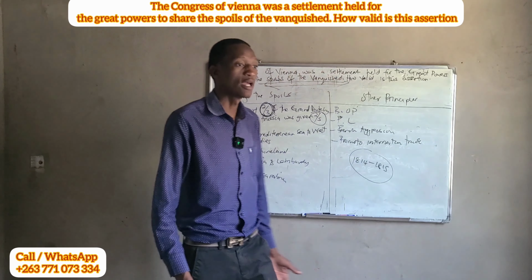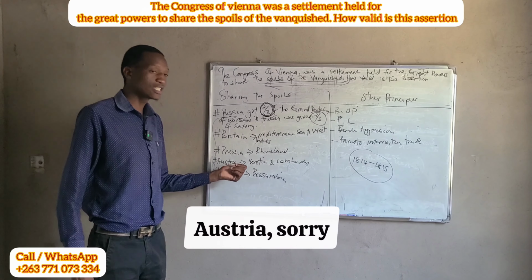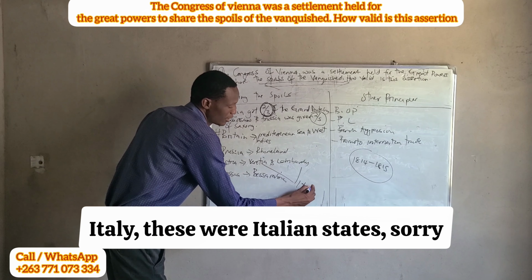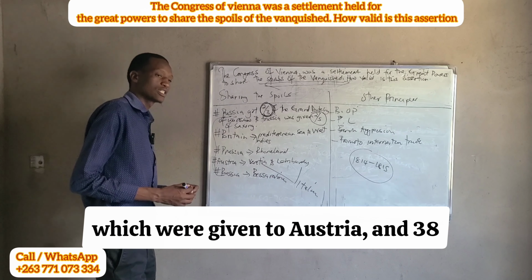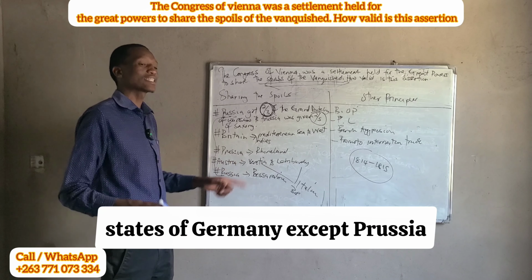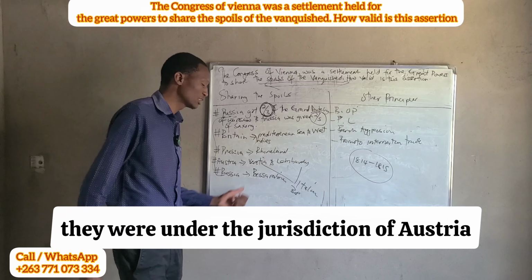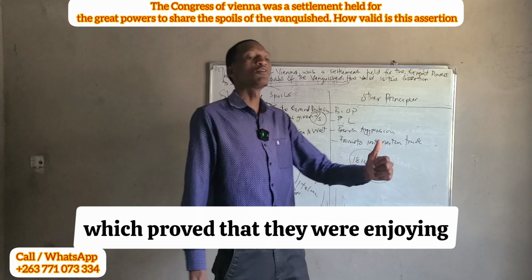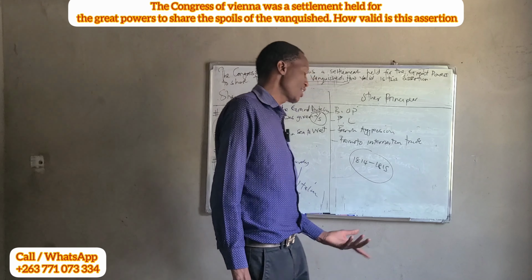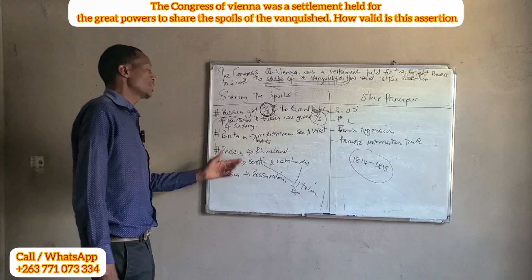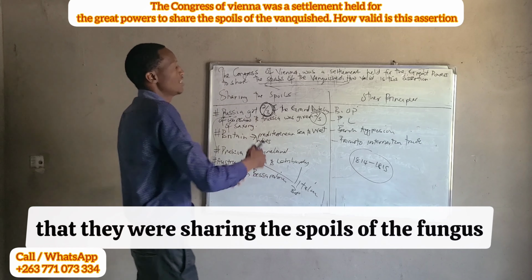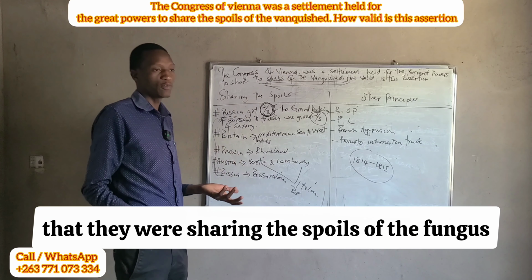Except Prussia, the 38 states of Germany were under the jurisdiction of Austria, which proved that they were enjoying, are we together, the spoils. Furthermore, Russia, so this is enough evidence to show that they were sharing the spoils of the vanquished.